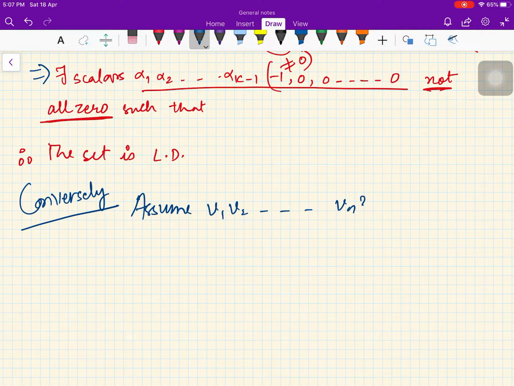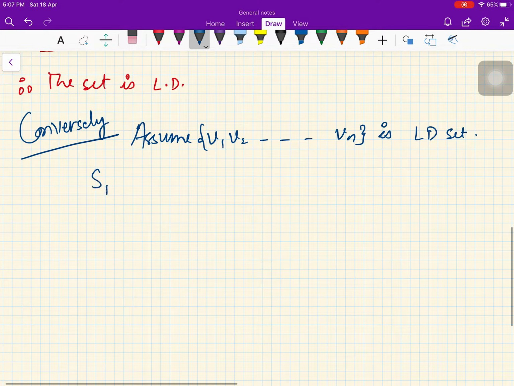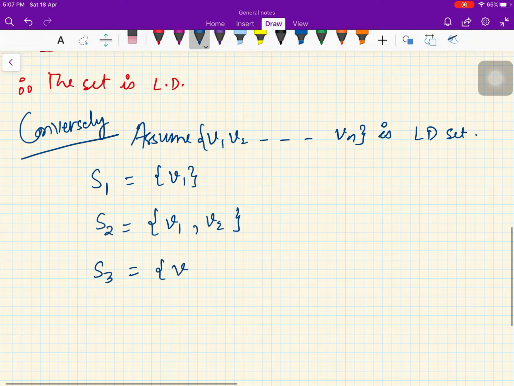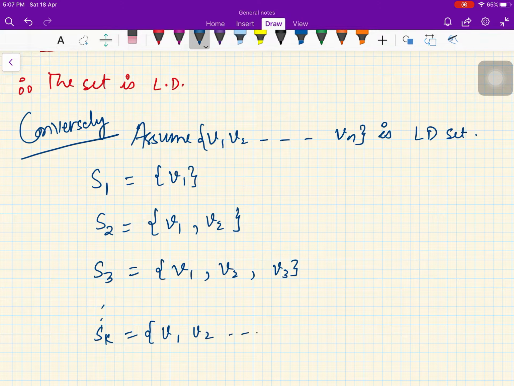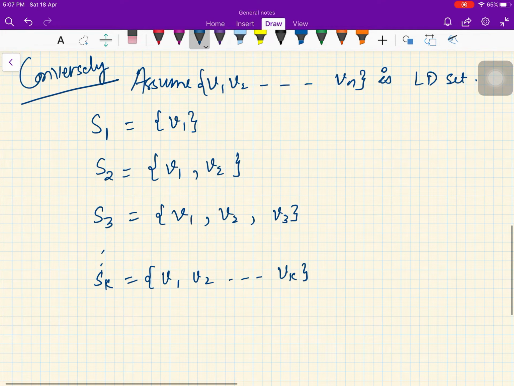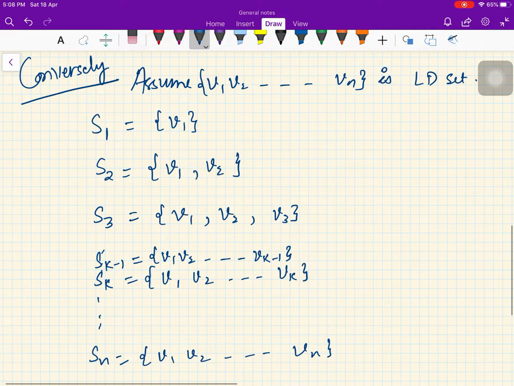assume v1, v2, up to vn is a linearly dependent set. You make these sets: S1 containing only v1, then S2 containing v1 and v2, then S3 containing v1, v2, v3, and so on. You have Sk somewhere, that is v1, v2, up to vk, and then Sn, which is v1, v2, up to vn, and before Sk you have Sk minus 1, which is v1, v2, up to vk minus 1.